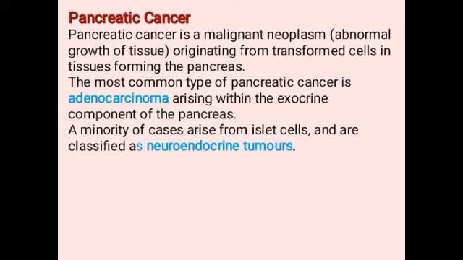But sometimes even the cells of the islet can also manifest abnormal growth, leading to the type of cancer that we call neuroendocrine tumors. Neuroendocrine tumors, in this case, we are talking about the cells that are involved in the nervous system, or rather the endocrine system.